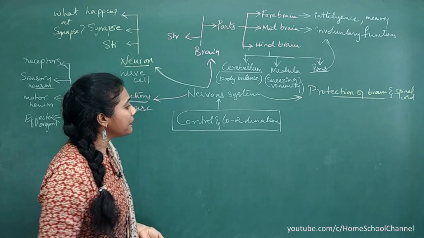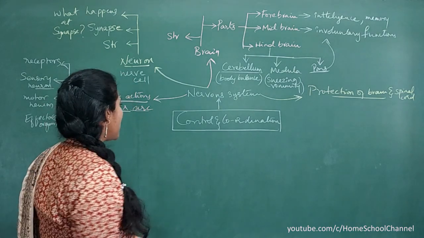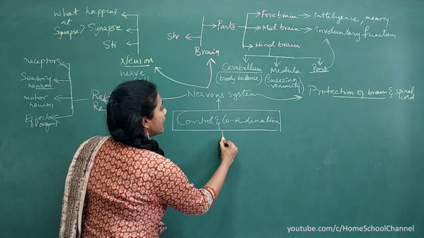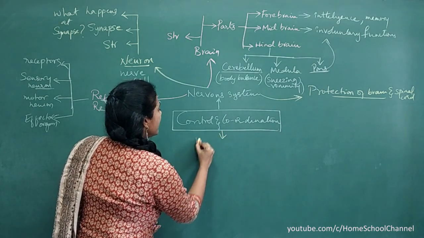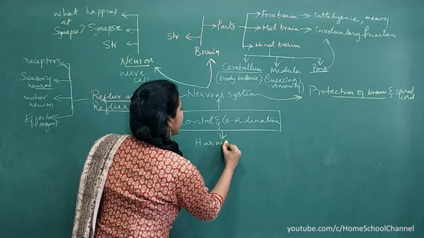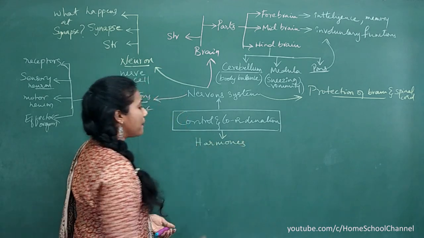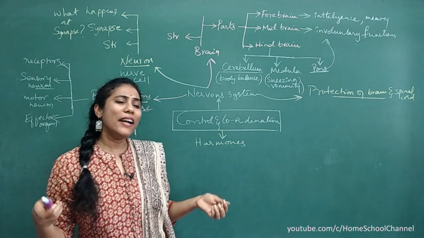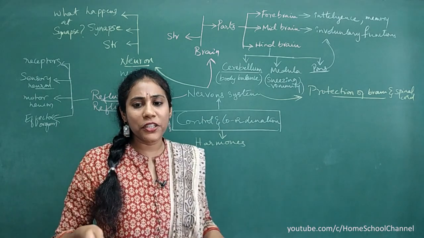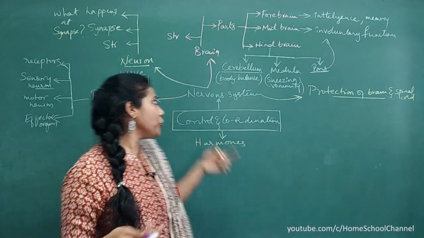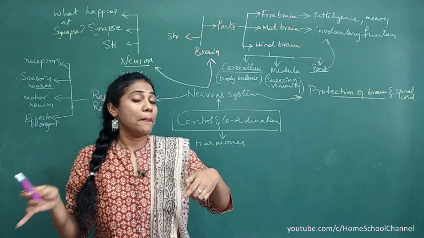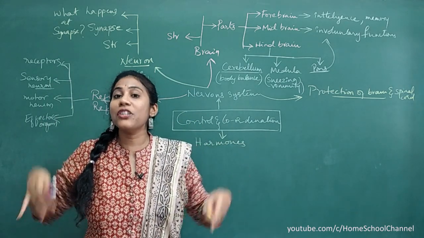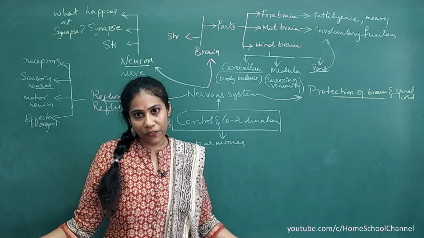And now let me discuss the other part of the chapter, that is about hormones. So this is another important part of the chapter, right? So what do you mean by hormones? Every piece of information may not be passed through the nervous system. I mean, nerves may not carry the information all the time and all sorts of information.